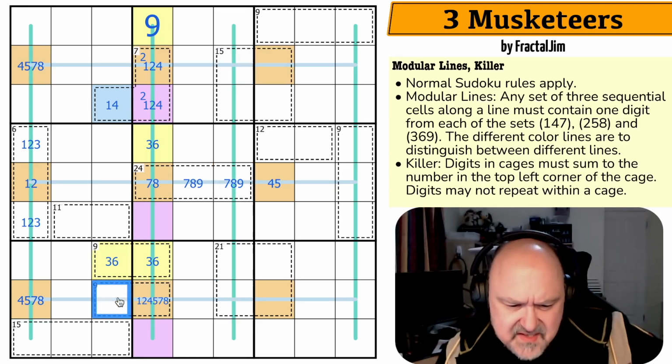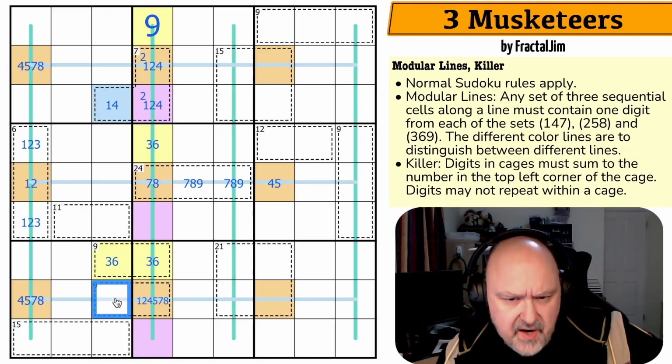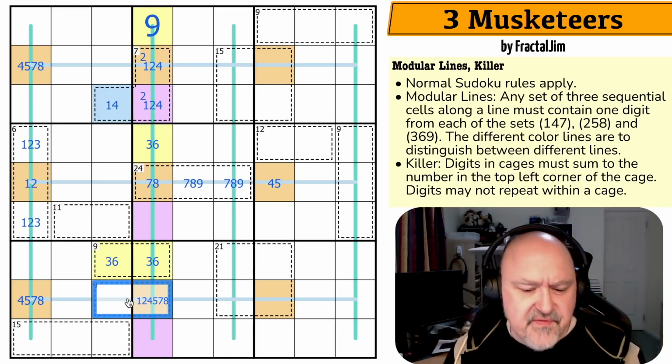It would make this yellow. And I don't think that could be yellow because this can't be 3, 6 or 9. Right. It's this 9 cage. That's very interesting.